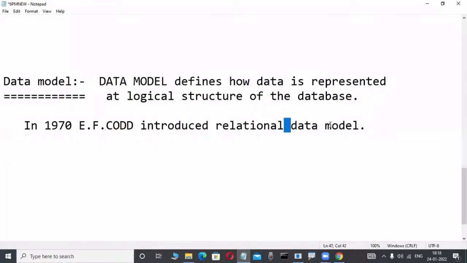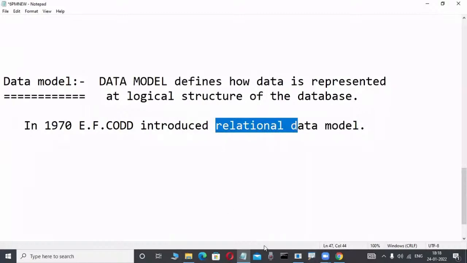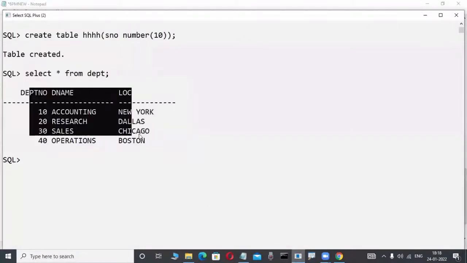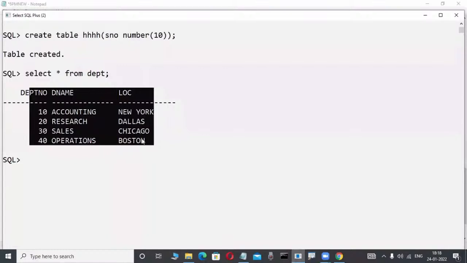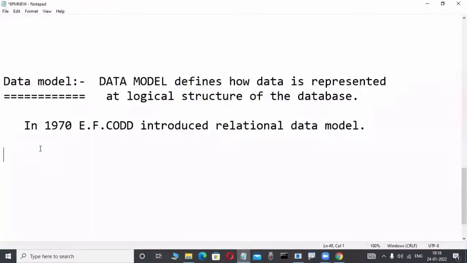Relational data model means what? What is the logic in a logical structure? How is data represented? In a logical structure, which is not visible in the operating system, data is represented in the format of rows and columns. That is nothing but two-dimensional tables.